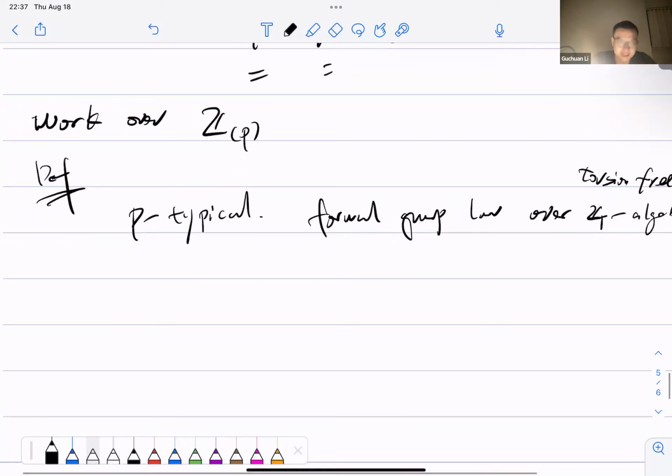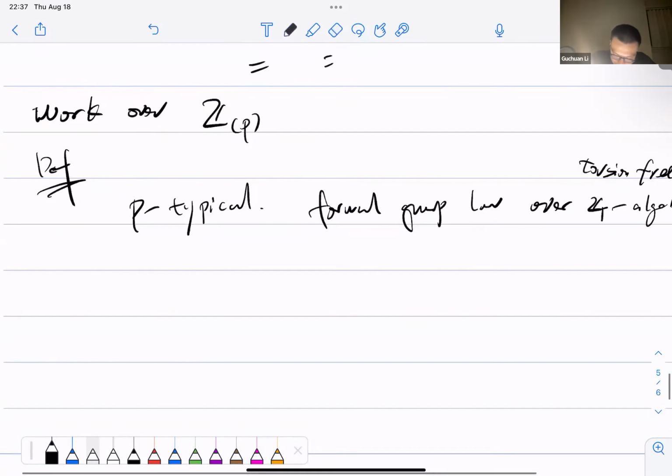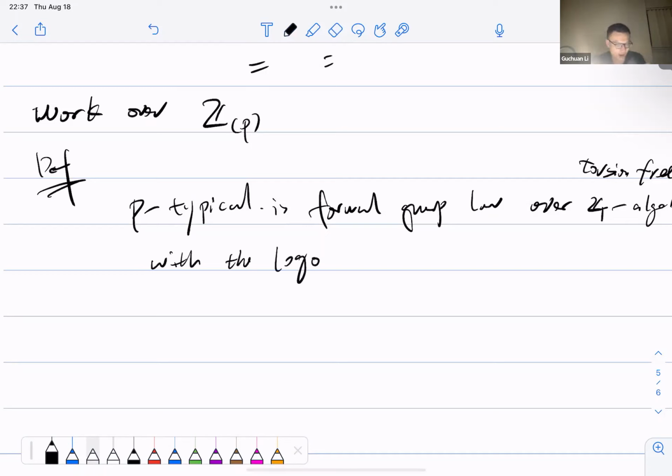The condition is that the formal group law has a logarithm, which we define as the isomorphism to the additive one, given by a formal power series. That's the logarithm. And the point is that the logarithm has a special format: only p to the power i appears in the coefficients.